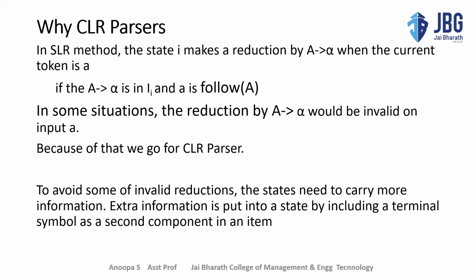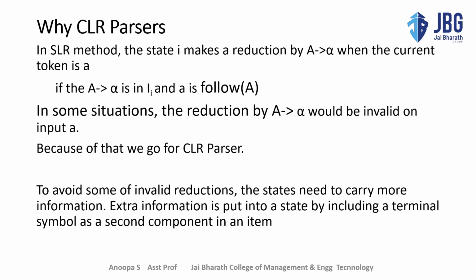Why do we want to construct CLR parsers? One of the disadvantages of LR parsers is that when we have a reduction statement, we find the follow of that particular non-terminal symbol, and whatever terminal symbols are there in follow of A, we include that reduction for all of those terminal symbols.